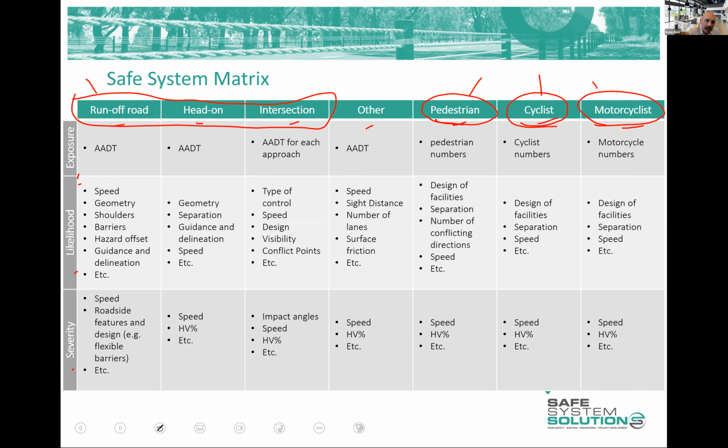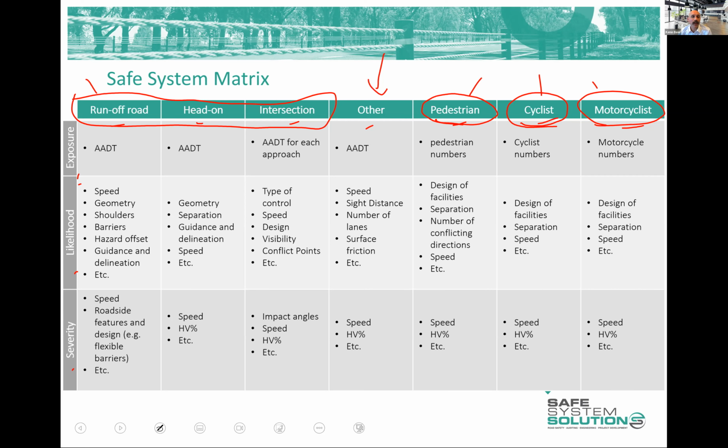There's also other. That is there to handle anything that has not been accurately picked up in those other crash types. Common things that could be in the other category are crashes with animals, railway level crossing crashes, sideswipe crashes, and rear end crashes, but only if they've been facilitated by a mid-block location.